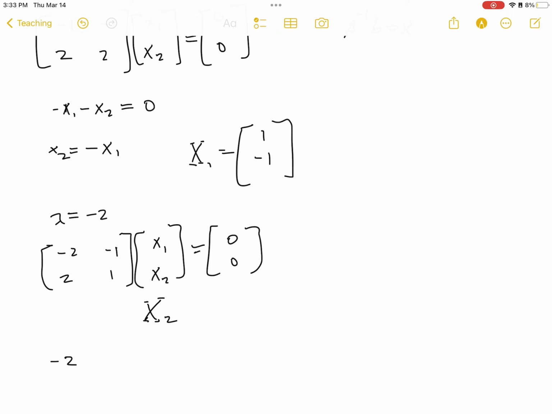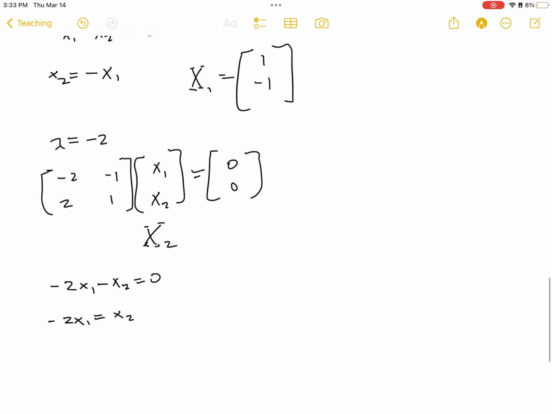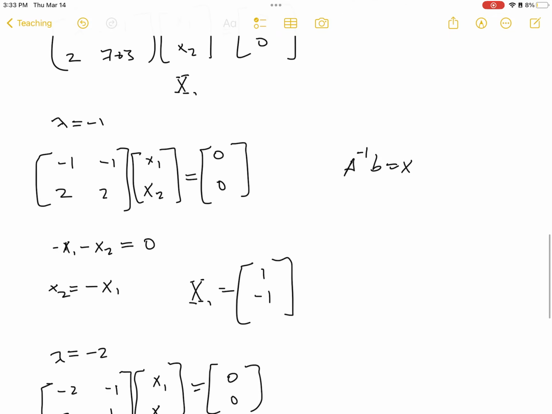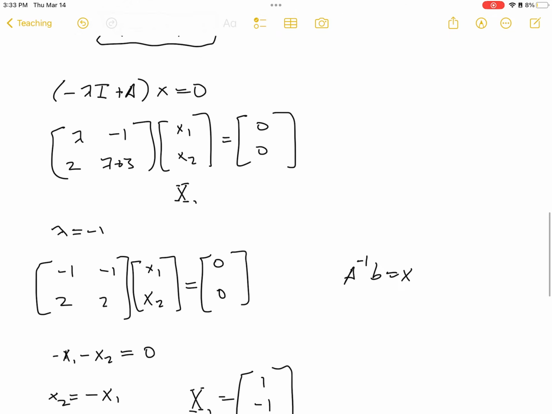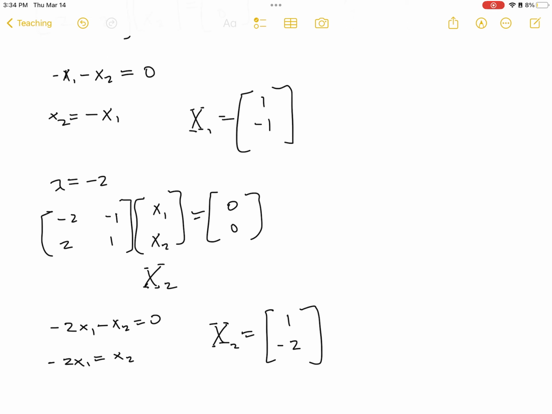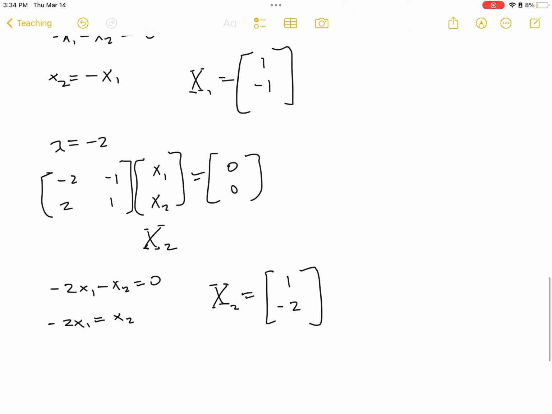Minus 2 x1 minus x2 equals 0. So minus 2 x1 equals x2. And so now we can just pick values. So we'll just say x1 equals 1, and x2 is minus 2 times x1, so that's minus 2. So we've got our two eigenvalues, which we've boxed up here, and our eigenvectors are 1, minus 1 and 1, minus 2.